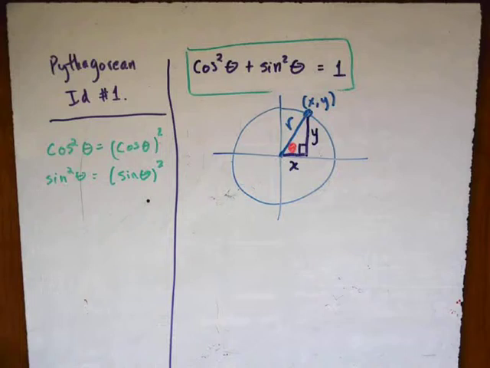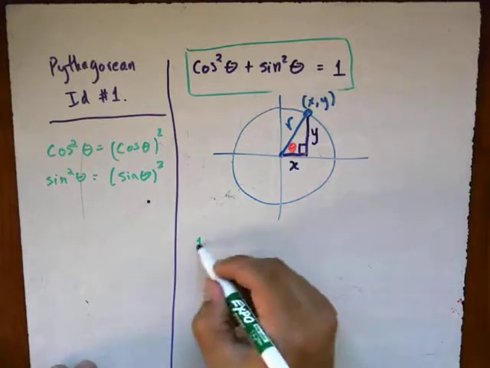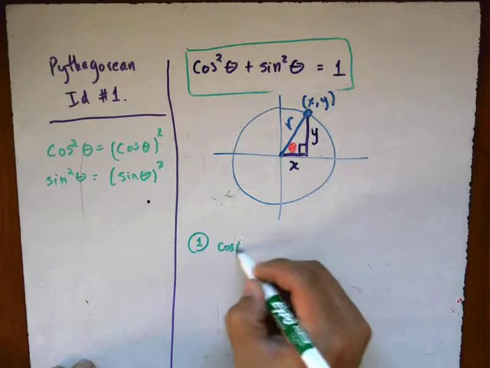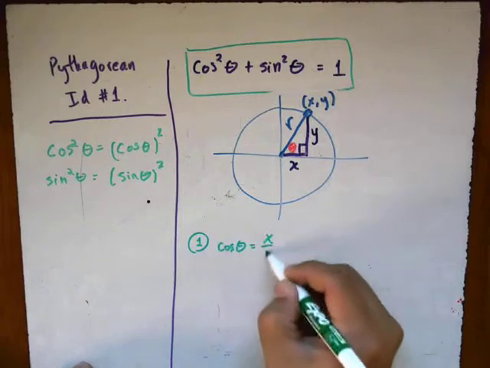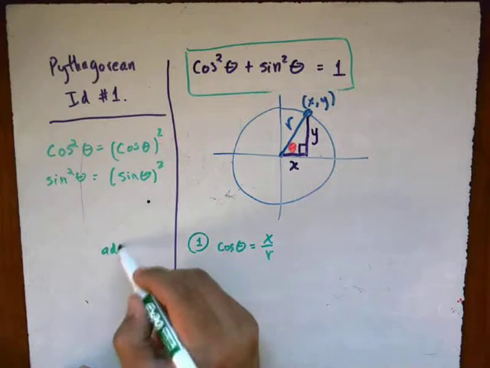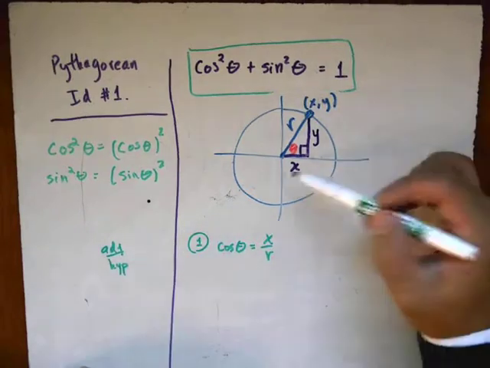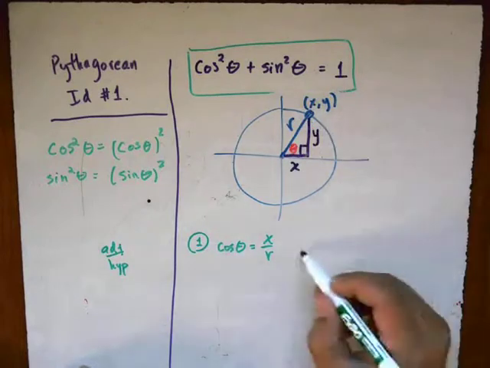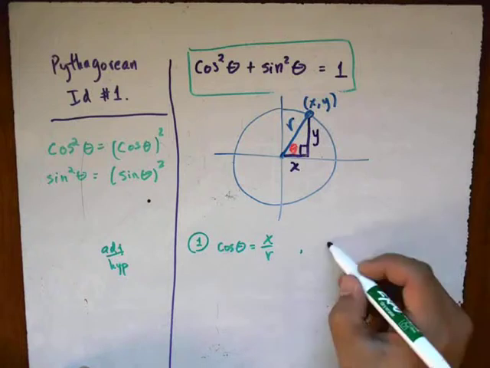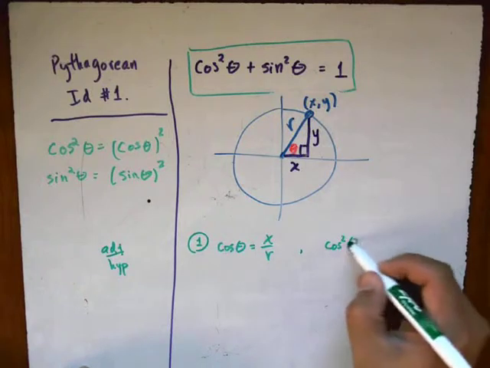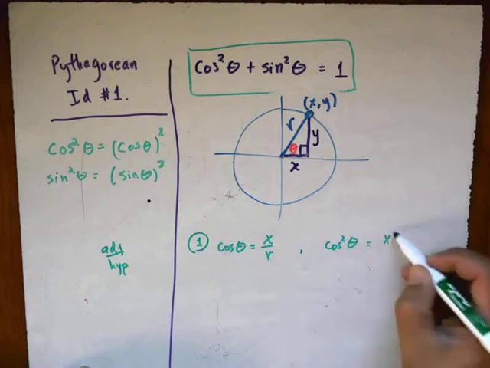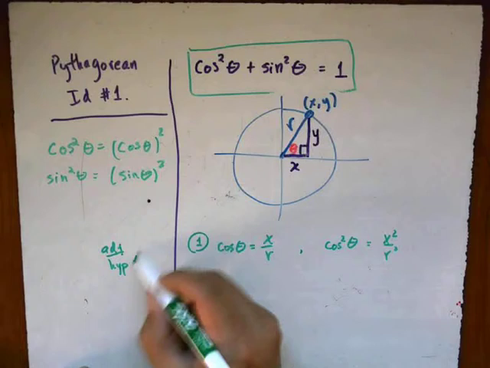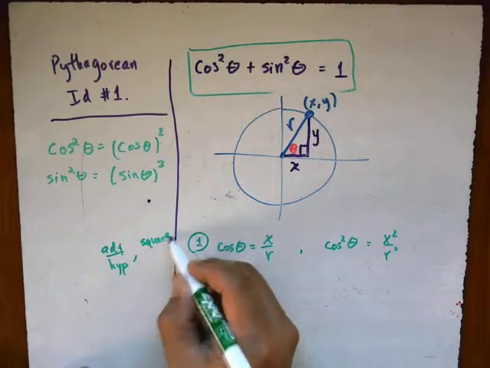One of the things we know and can start with in this proof is that cosine of theta is equal to x over r. This is just adjacent over hypotenuse. The adjacent side is x, the hypotenuse of this triangle is r. If we square both sides, cosine squared of theta equals x squared over r squared.